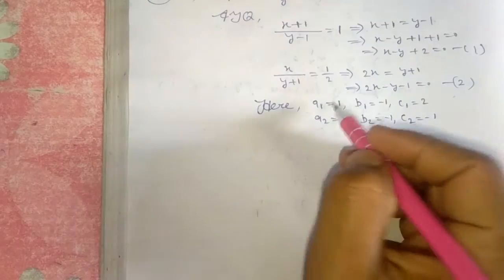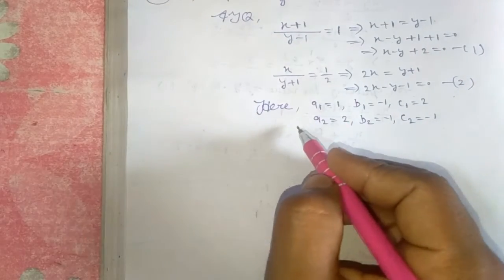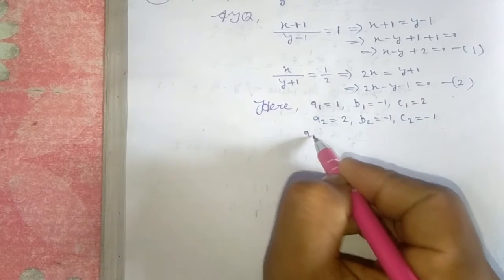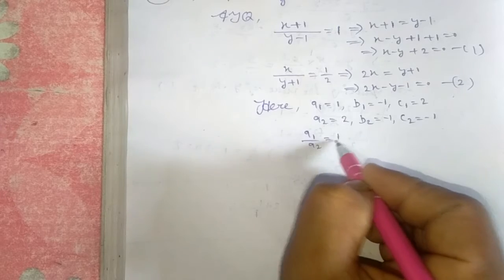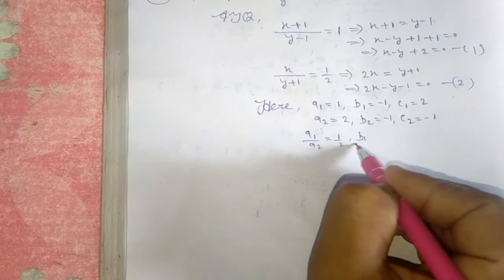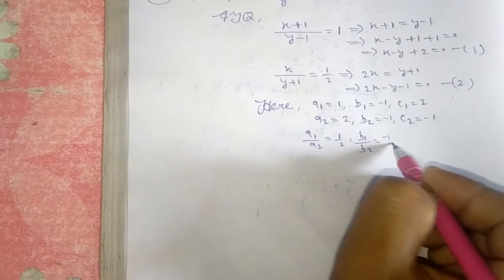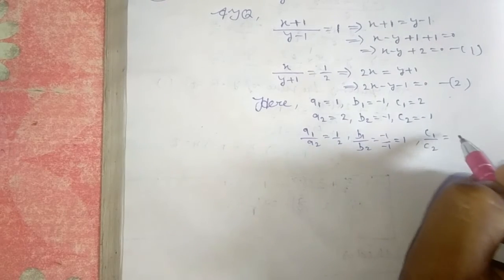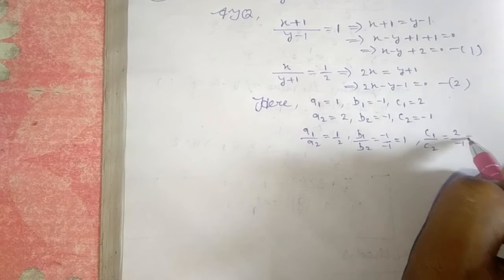Now find the ratios of a1 upon a2, b1 upon b2, c1 upon c2. a1 upon a2 is 1 upon 2, b1 upon b2 is 1 upon minus 1, which is 1, c1 upon c2 is 2 upon minus 1, meaning minus 2.